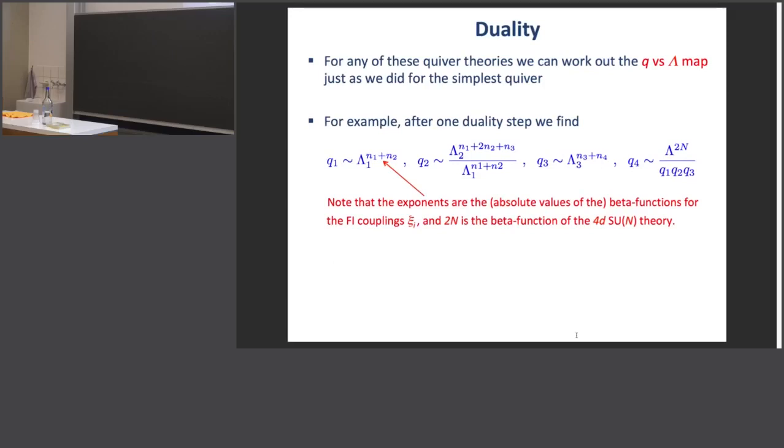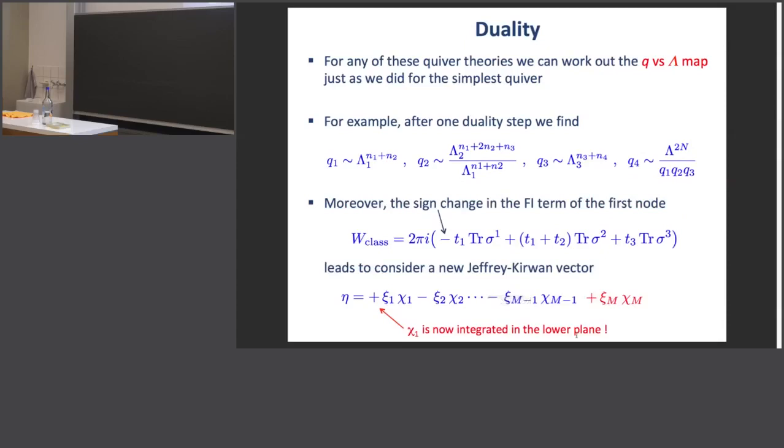So, for each of these nodes, you can work out the superpotential, find the vacuum, and check that you obtain exactly the same result from localization by using the appropriate Jeffrey-Kirwan parameter, which, if you buy the prescription that I told you before, in this case corresponds to taking not minus psi1 but plus psi1, because in the first node we have changed, with the duality, the sign of the beta function.